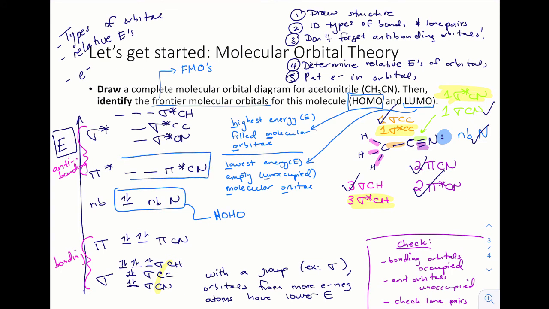Now, pi star CN, these are the lowest energy amongst all of these empty orbitals. So these two pi star CN orbitals represent the LUMO for this molecule. Right, easy peasy, right? So you want to have this skill, just be able to identify the HOMO and LUMO for a given molecule, given its molecular orbital diagram.